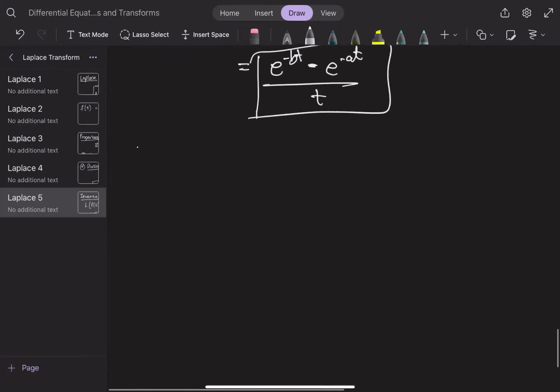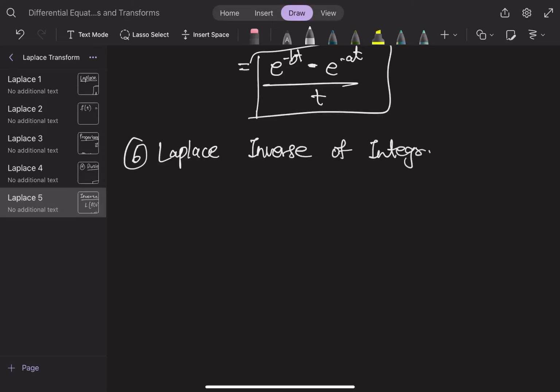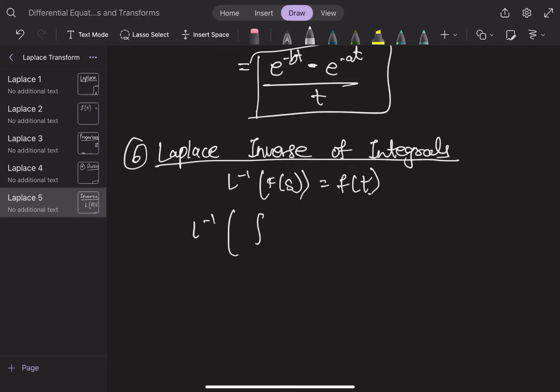Let's look at the next property. It's Laplace inverse of integrals. So again, if Laplace inverse of F(s) is f(t), then Laplace inverse of integral s to infinity F(s) ds is f(t) upon t. We have seen this as division by t in the properties of Laplace transform.